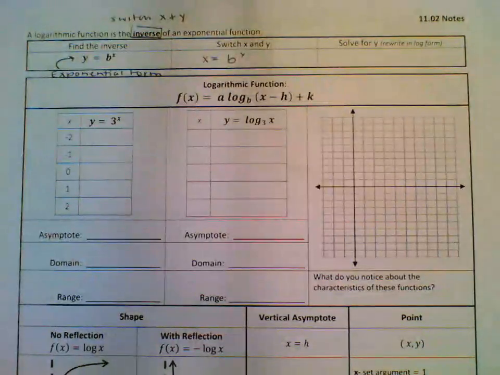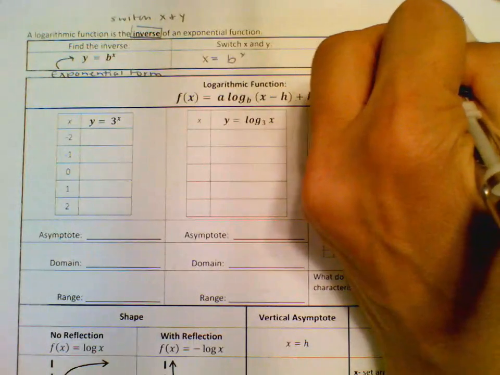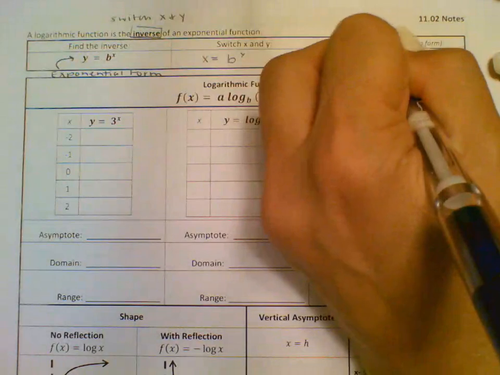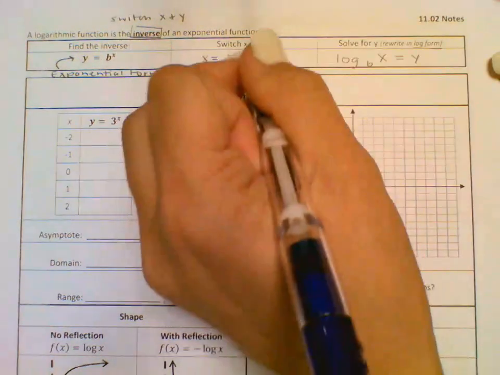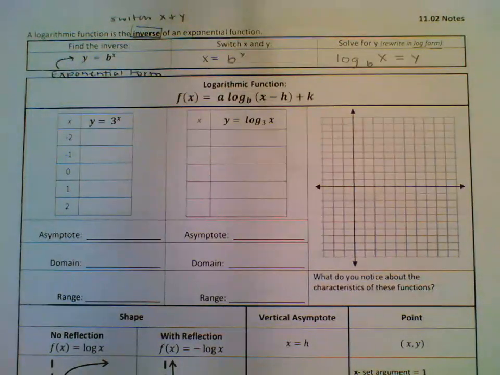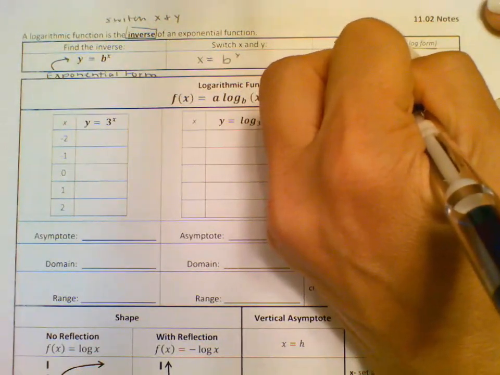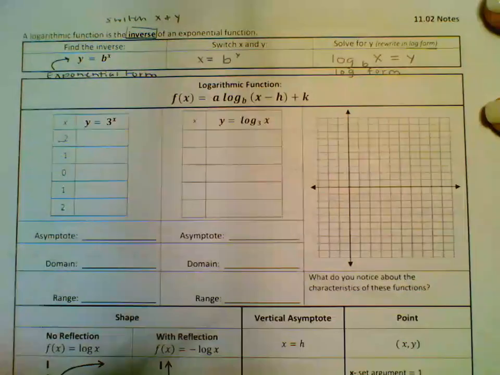And in order to solve for y, to get y by itself, I need to rewrite this in log form. So I would have log base b of x equals y, because the log always equals the exponent. In this case, the exponent is y. So this is how we go from exponential form to log form.